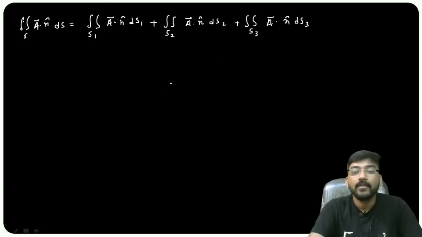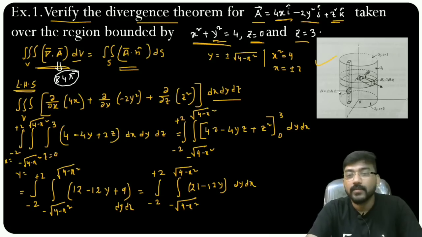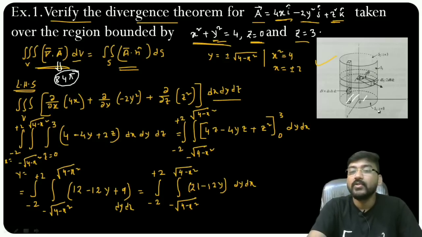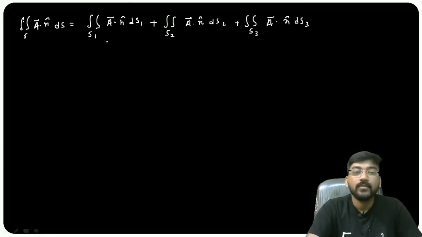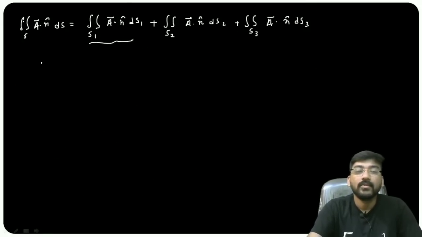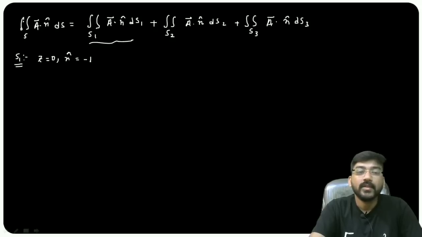Okay, now let me see what is the S1 surface. This is S1 surface actually, for z is equal to 0 here, and n cap is along this direction, this is outward normal, so it will be minus k cap. So n cap is minus k cap because this is plus z axis, so this will be minus z axis. Here z equal to 0 and n cap is equal to just minus k cap.